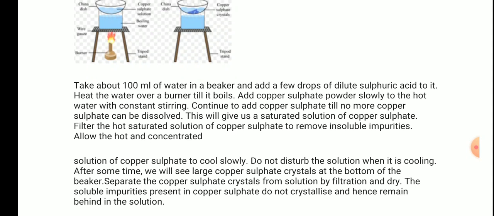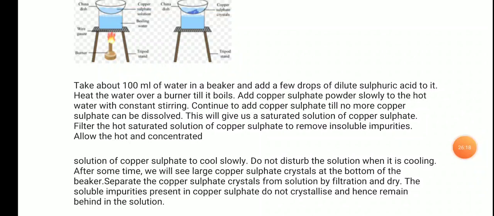The soluble impurities present in the copper sulfate do not crystallize. Only the copper sulfate crystallizes to form the crystals, and hence the soluble impurities remain behind in the solution that you get after filtration. So you get pure copper sulfate crystals away from the impure solution.